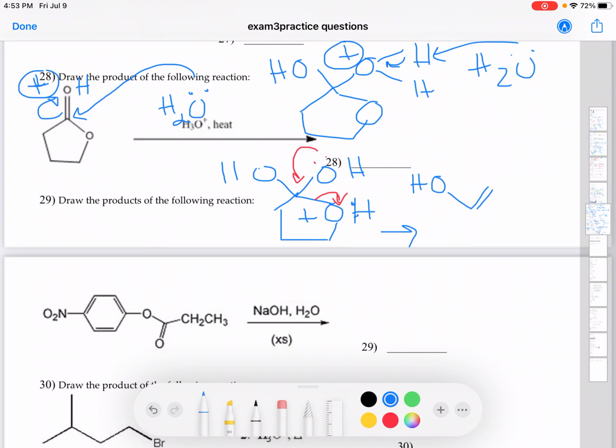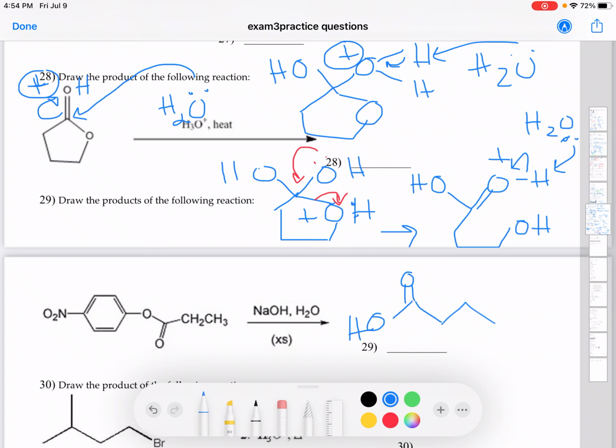OH, OH over here, OH, right? And then another water molecule will come and with a lone pair right there, remove this to give you COOH from this side. 1 2 3, 1 2 3, and OH. Yes, so this molecule would be the result.